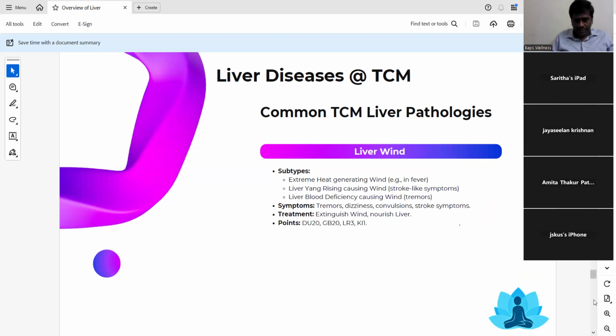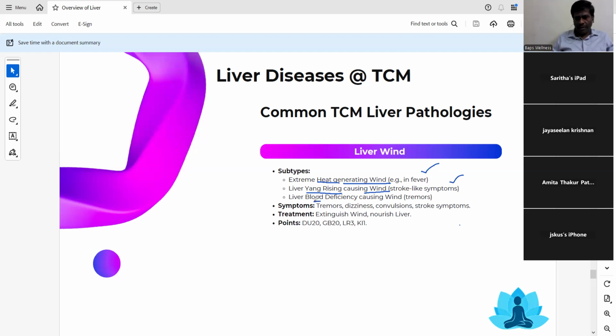Liver wind. There are three types in this. Extreme heat generating wind, in the case of fever. Liver yang that causes wind, in case of stroke-like symptoms.